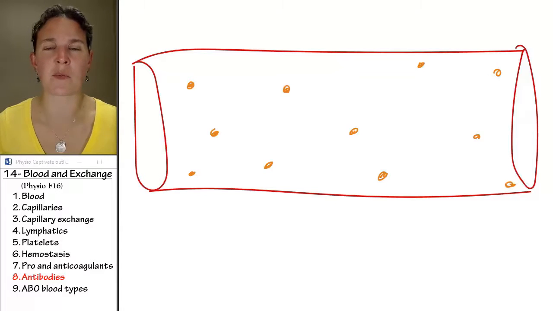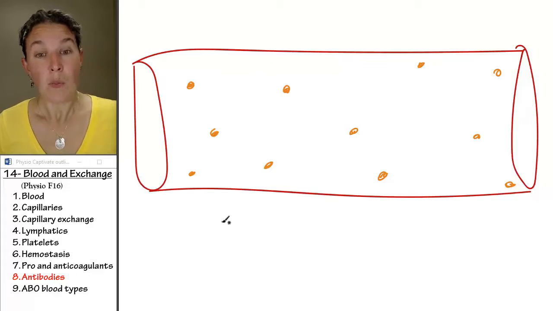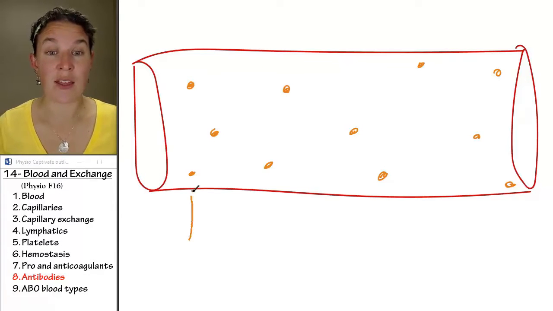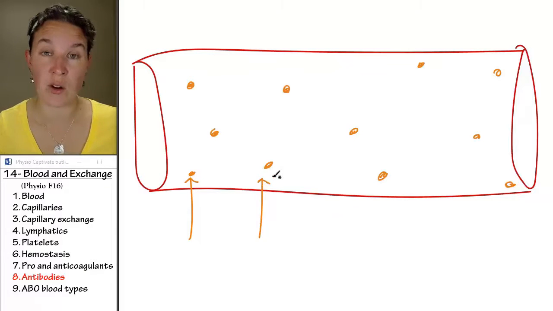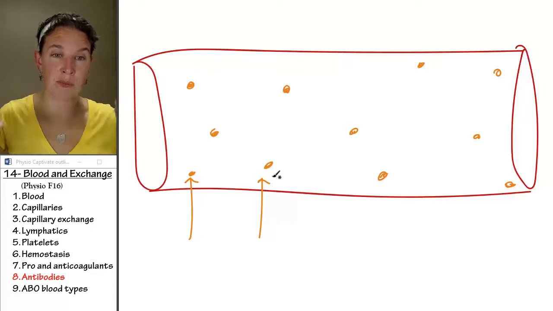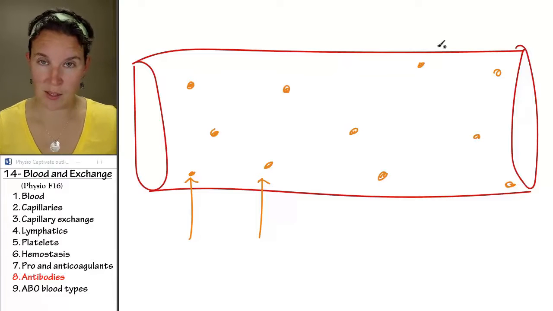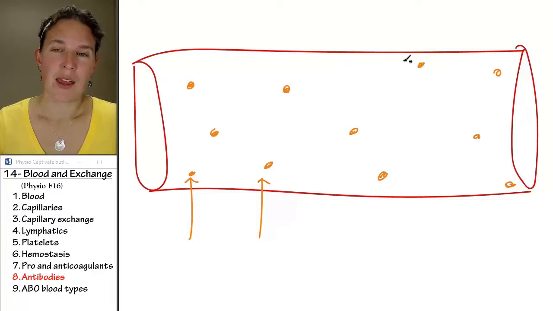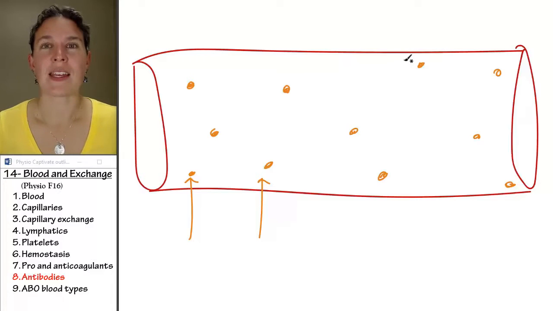Why did we talk about plasma proteins? Plasma proteins provide the osmotic pressure that brings fluid back into the capillaries so that you don't end up like a blueberry, like Violet Beauregard. Boom. Okay, thank you for that.